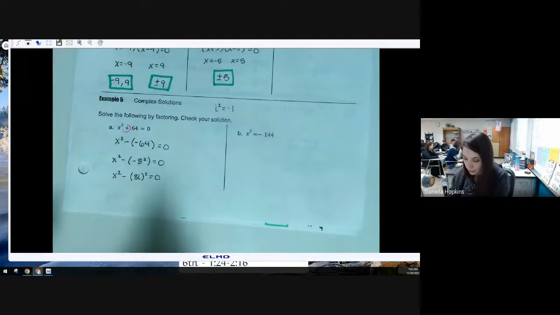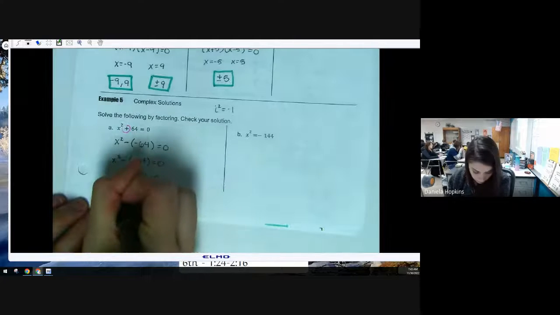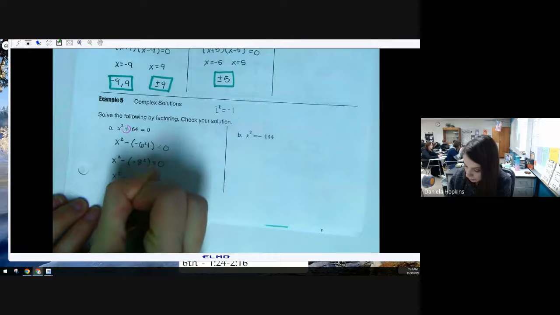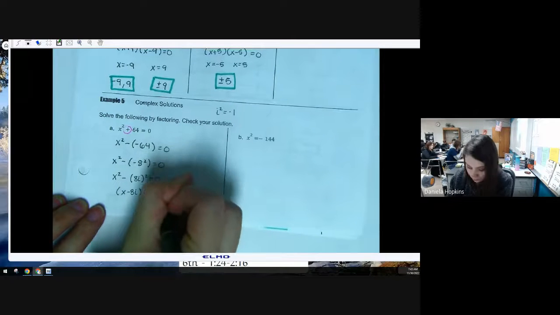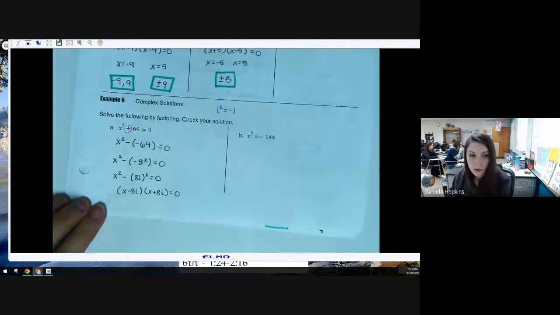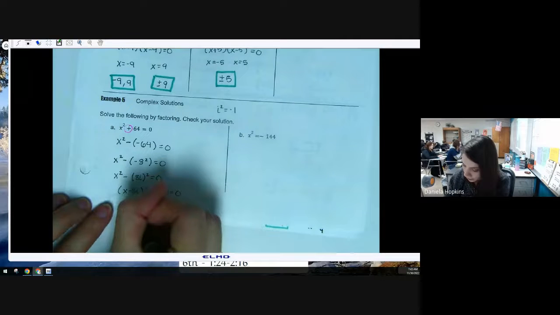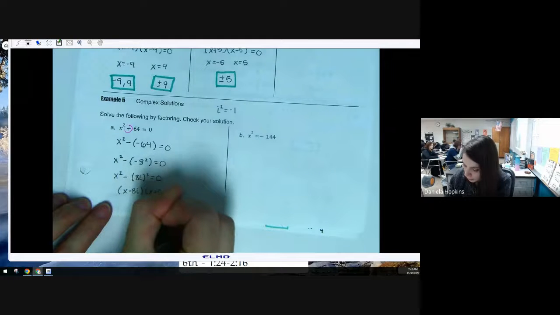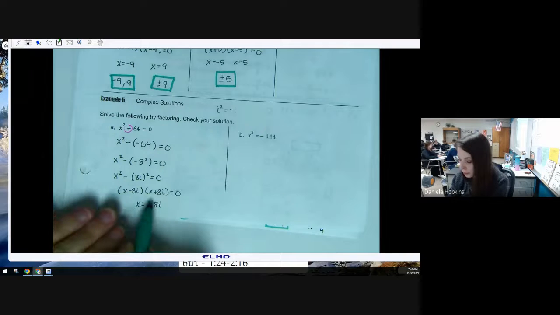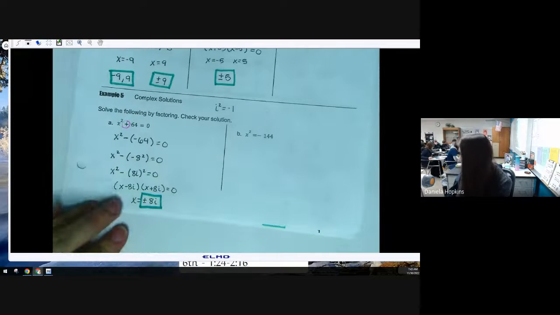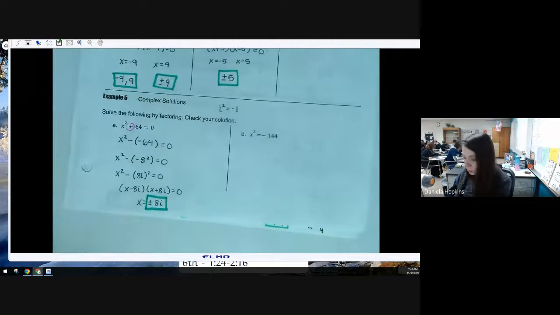So this is kind of convoluted, but basically then I'd have x minus 8i times x plus 8i equals 0. And so if I set each of these equal to 0, I'd have x equals plus or minus 8i. There's going to be some on your homework that look like this. I don't think I'll put this on the quiz. It'll be on the quiz in other ways, but not like factoring it, because I don't like to factor it. That's a weird way to do it.